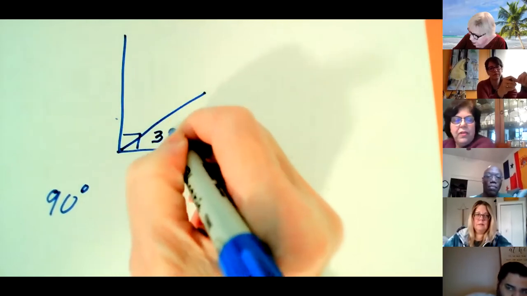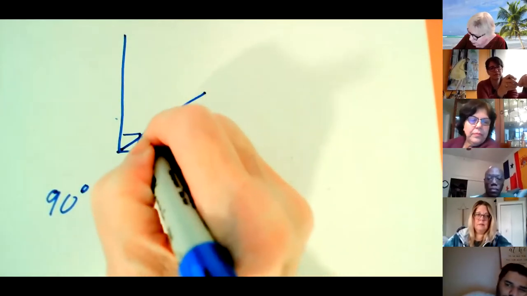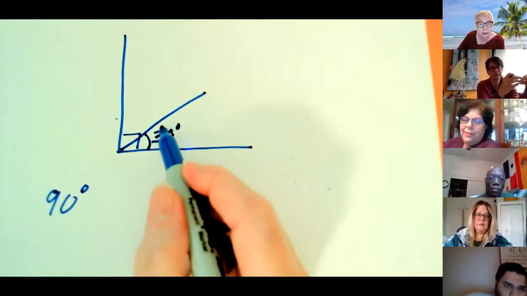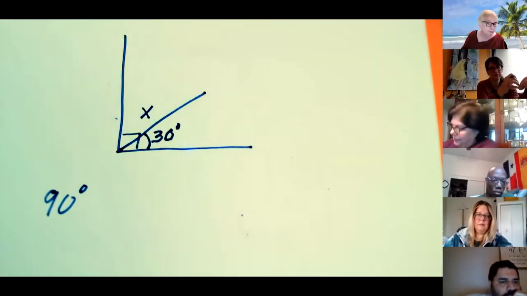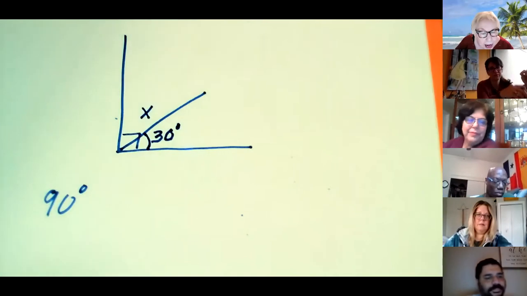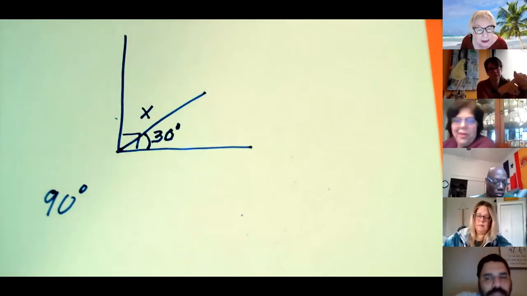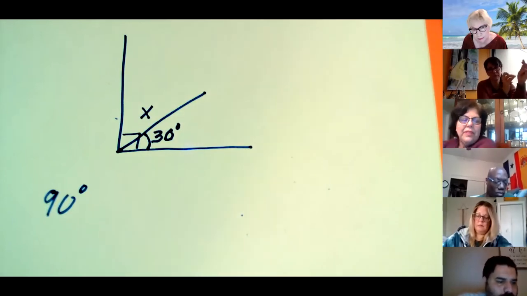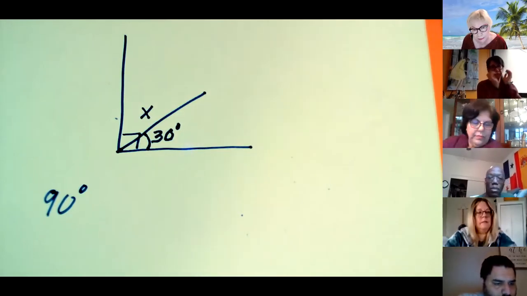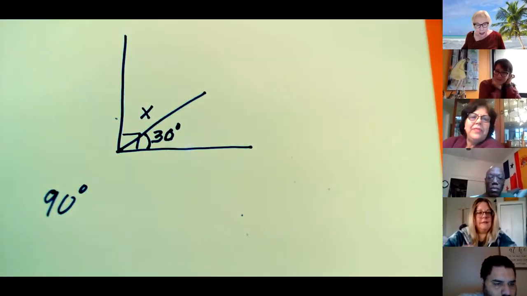If, for instance, on this side, this measurement right here was 30 degrees, then could you tell me the measurement of the missing angle? So what is it? It's 40. I don't like 40. 60. 60, I like 60.